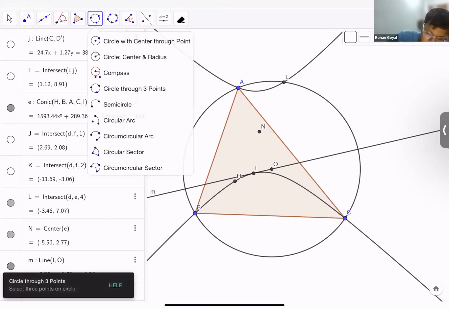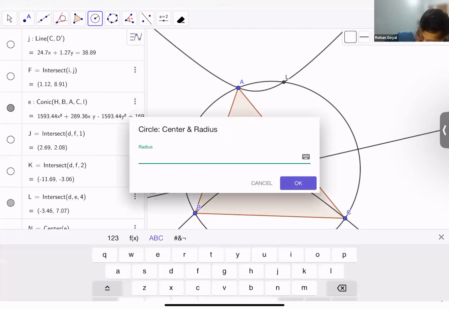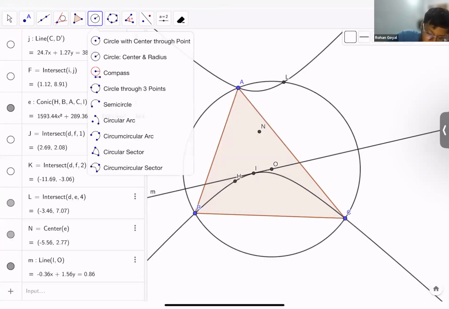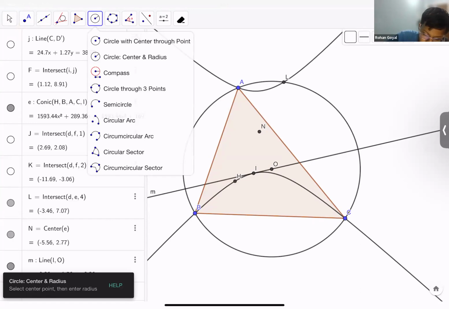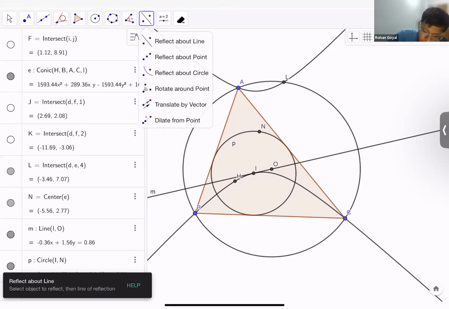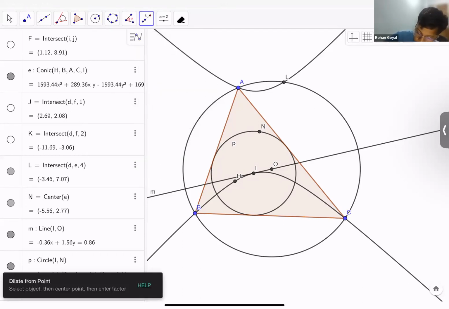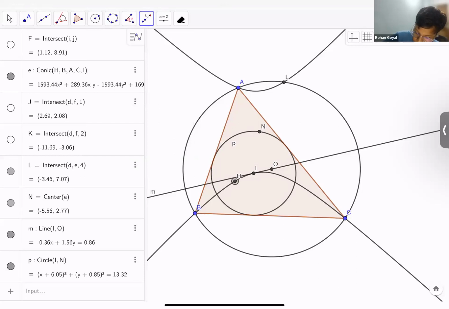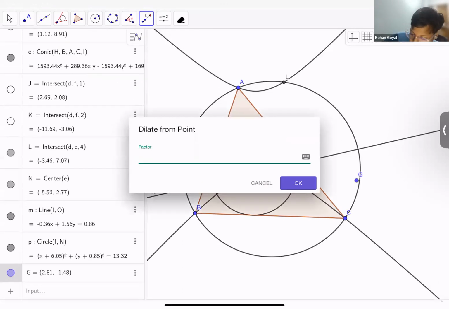So this circle, center and radius I. This point, circle. Which point is the Feuerbach point again? The center of the Feuerbach hyperbola.